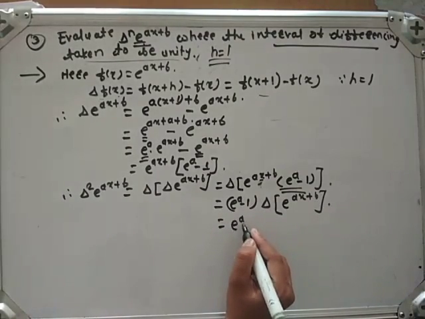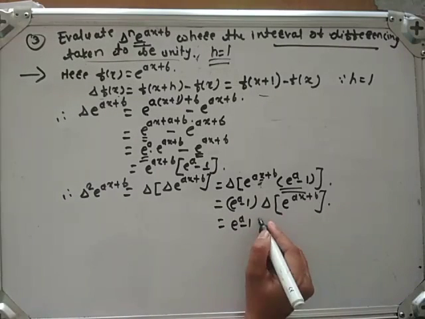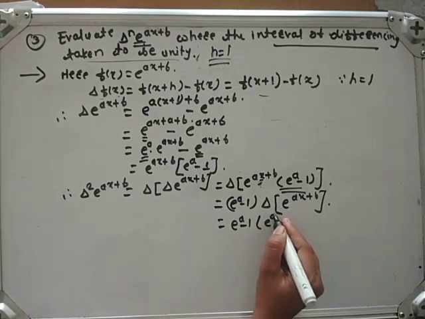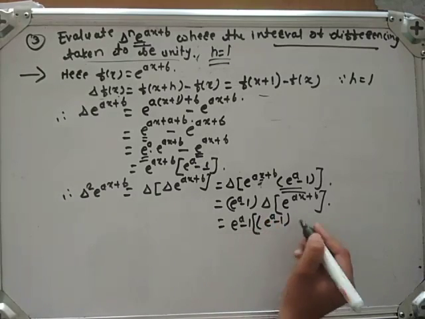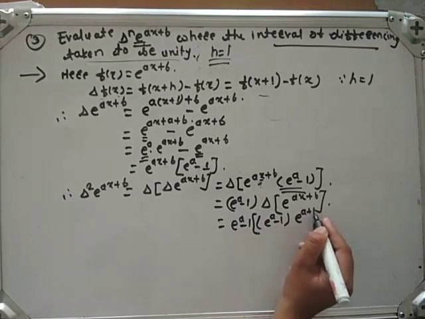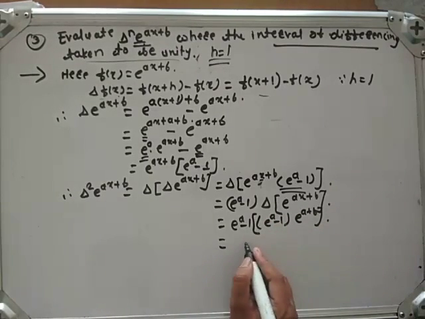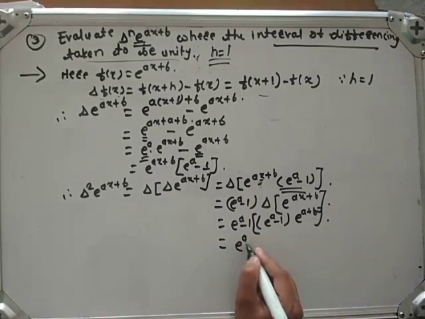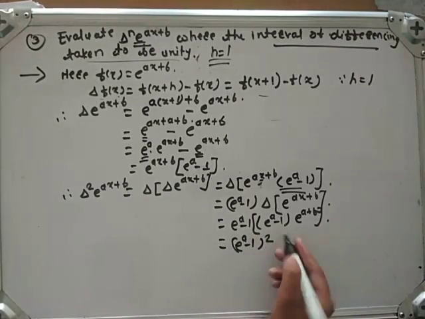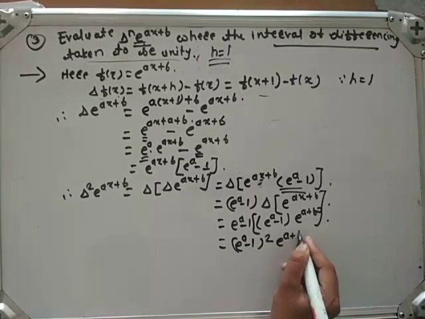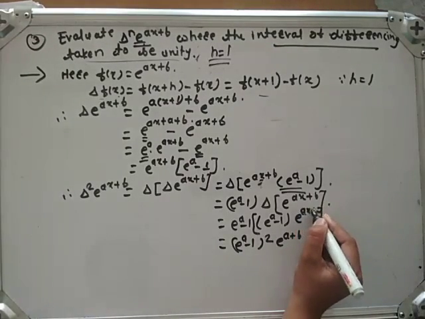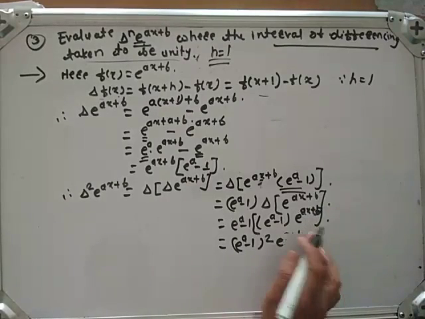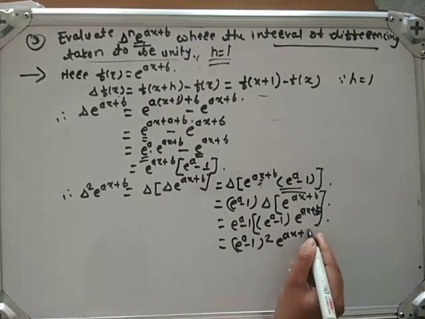Again, use the value of delta of e raised to ax plus b, which is e raised to a minus 1 into e raised to ax plus b. This equals (e raised to a minus 1) square into e raised to ax plus b.